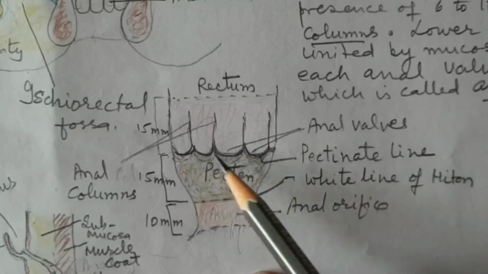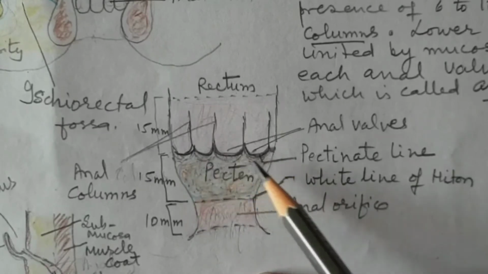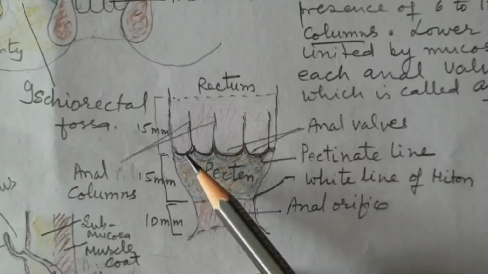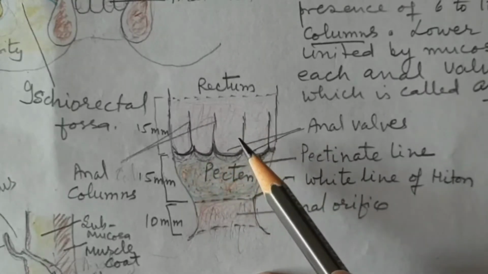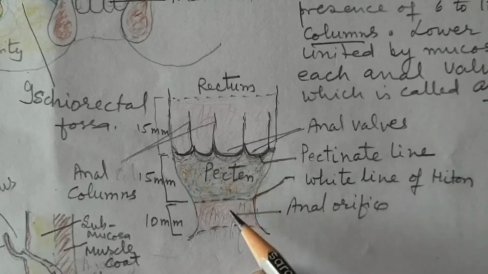As we will learn later, this is the watershed line, which tells us that the upper 15 millimeter is embryologically derived from a different portion, and the lower part is derived from a different segment.